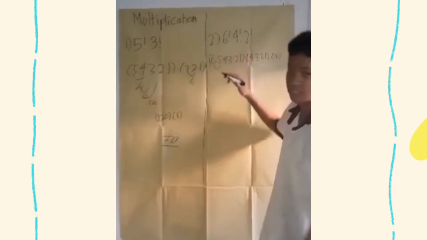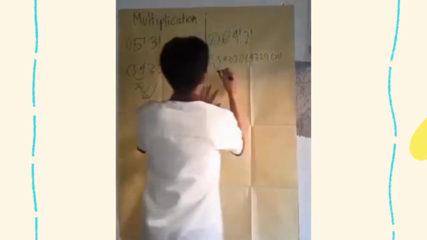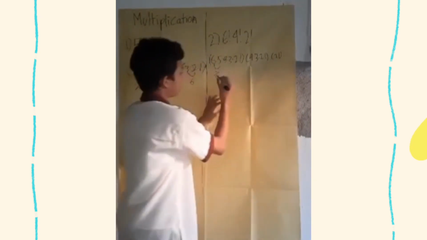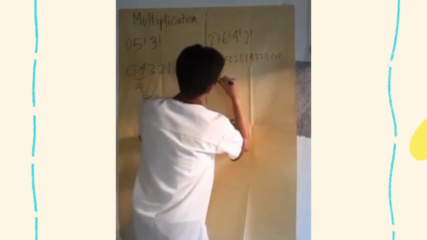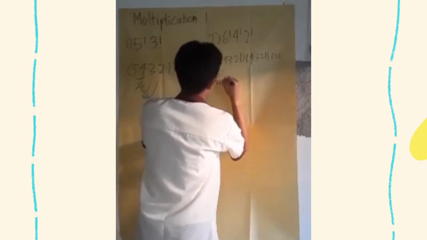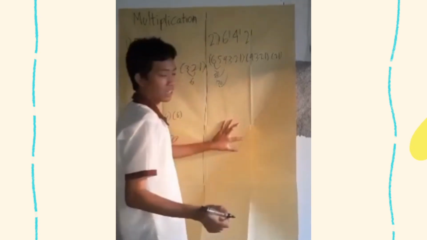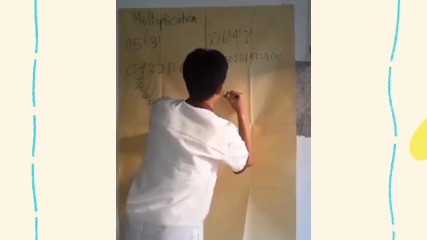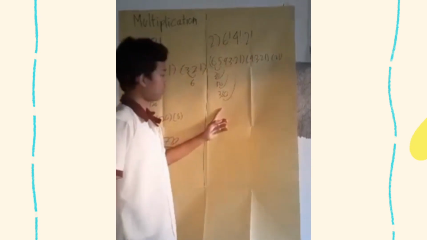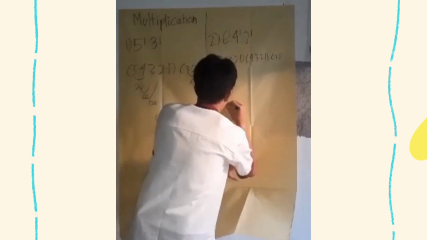6 times 5 is 30. 30 times 4 is 120. 120 times 3 is 360. 360 times 2 is 720.